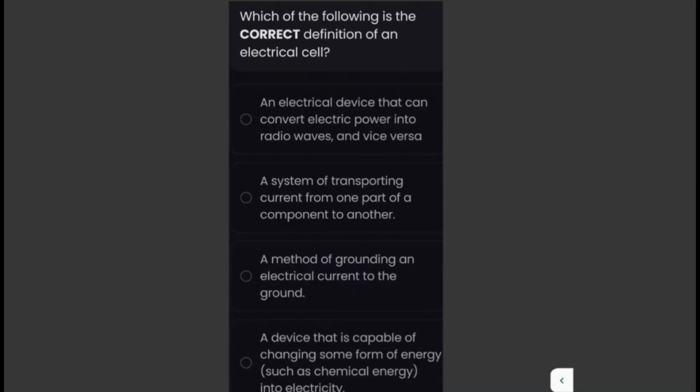So among the choices here, the one that defines an electrical cell is this one: it is a device that is capable of changing some form of energy, such as chemical energy, into electricity.